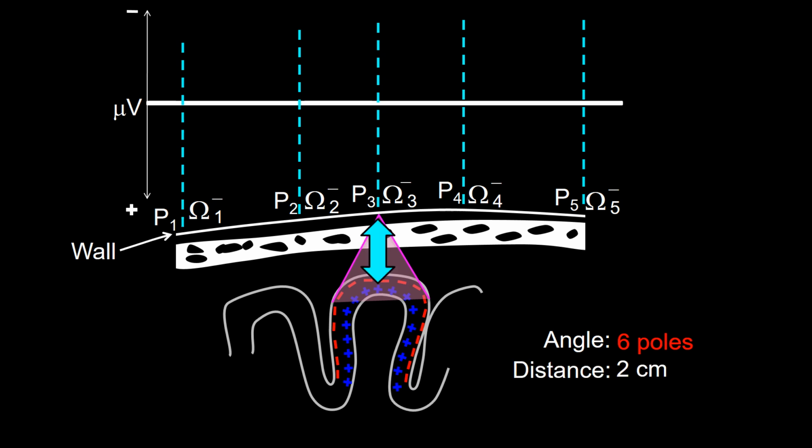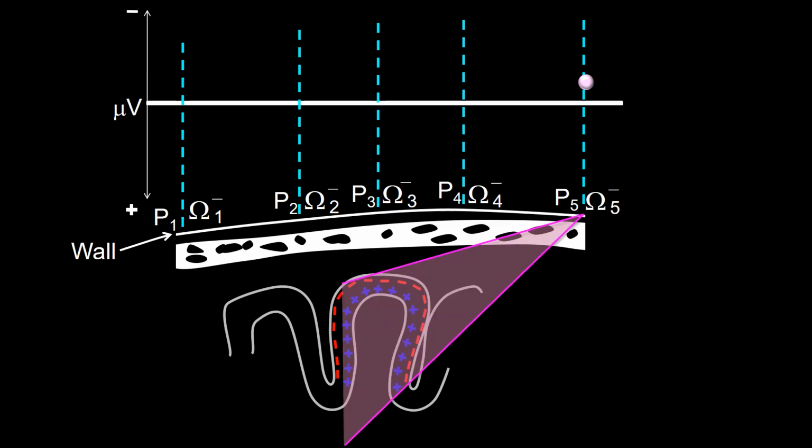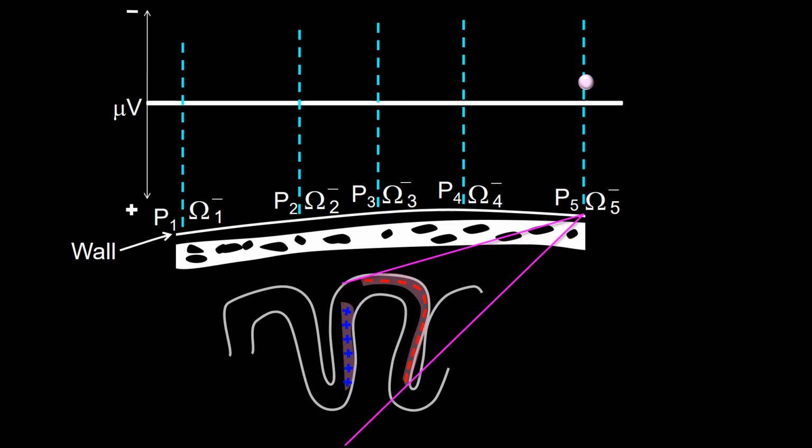These poles are being viewed from, let's say, 2 centimeters away. An electrode looking at the same gyrus from the side will see the negative pole of the dipole in the wall close to it, but it will also see the positive poles of the dipoles on the wall further from it. I have depicted this concept in this frame.